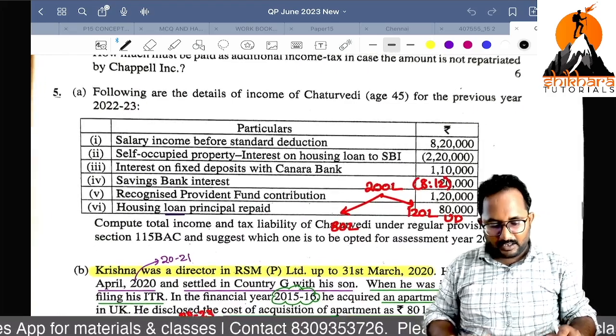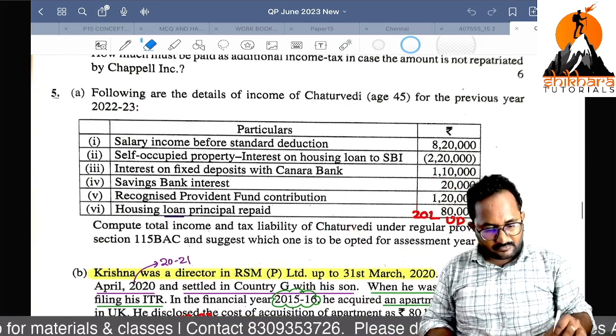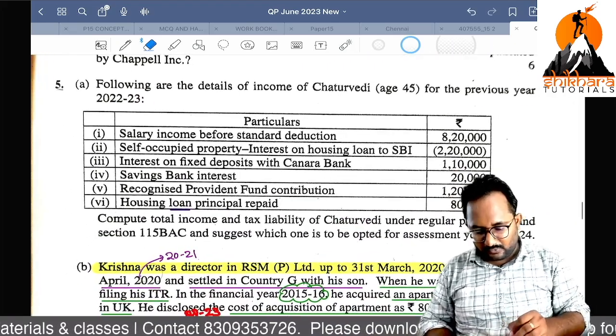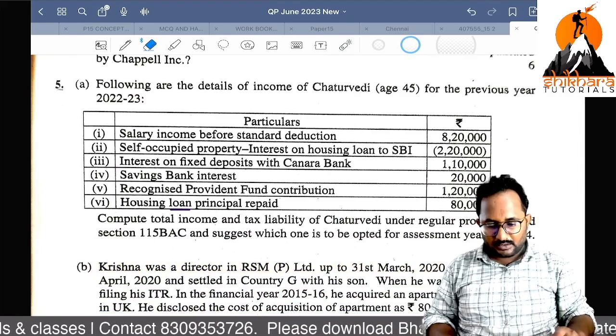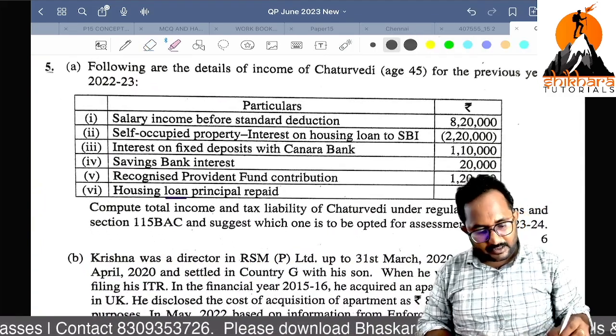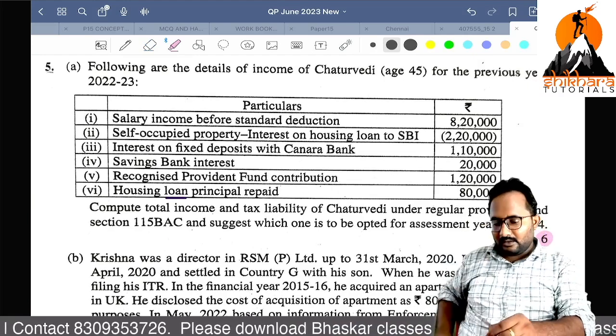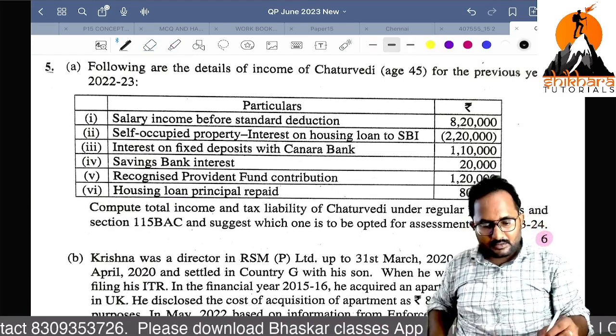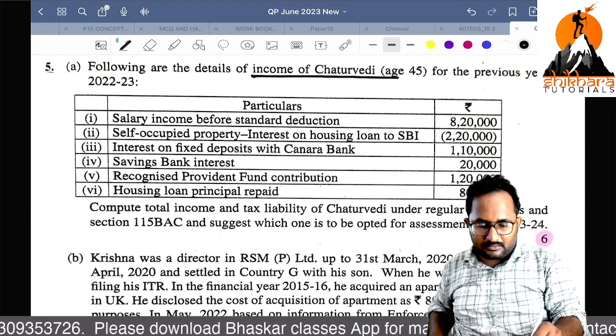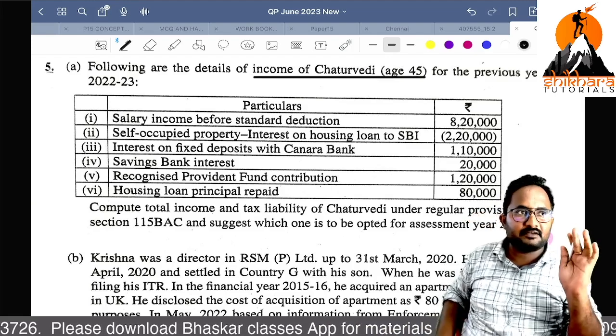Maybe you will not believe it, but in June 2023 they gave this question for how many marks? 6 marks. Chaturvedi is 45 years of age.